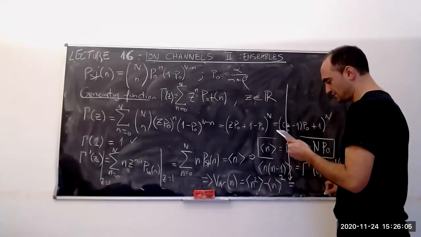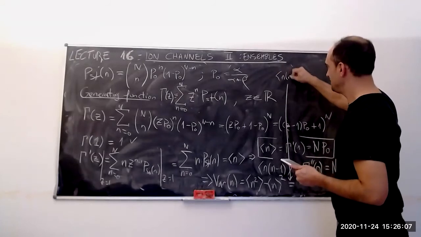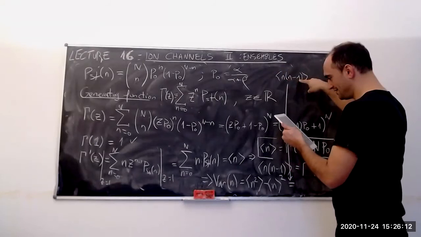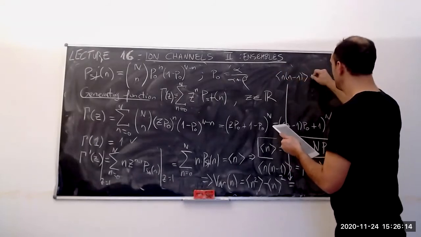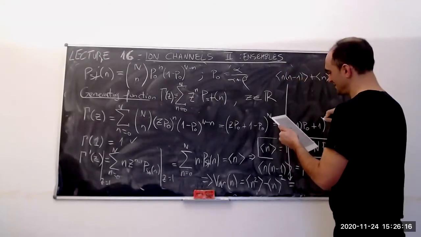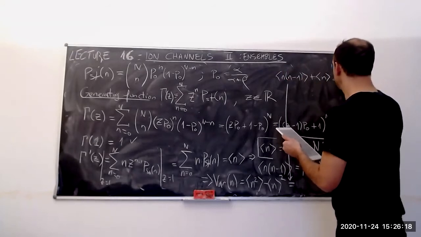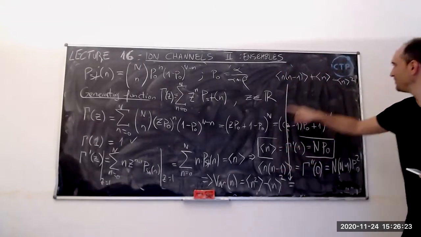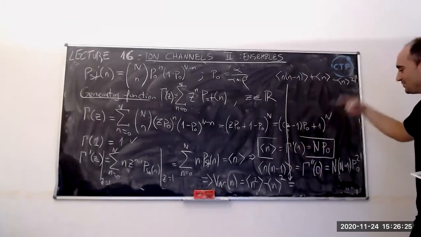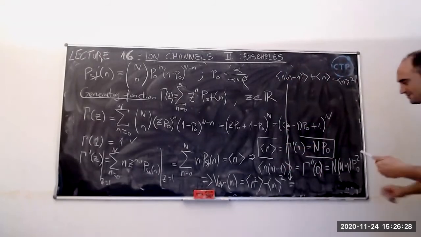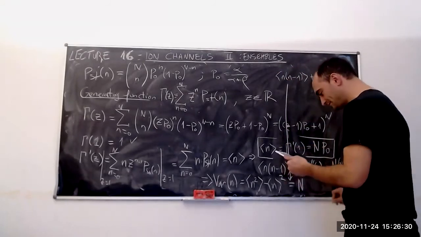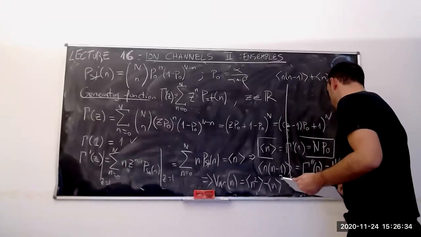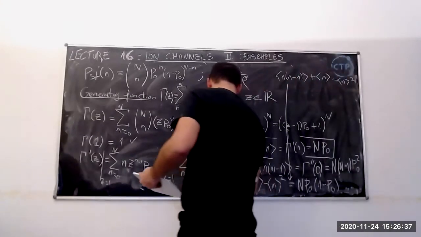For this, what I use is n minus 1. This is n squared minus average n. Then I sum average n, and I subtract average n to the power 2. So I'm using this one plus this one minus this one squared. And this gives me n p0 (1 minus p0). This is a well-known result from the Bernoulli.